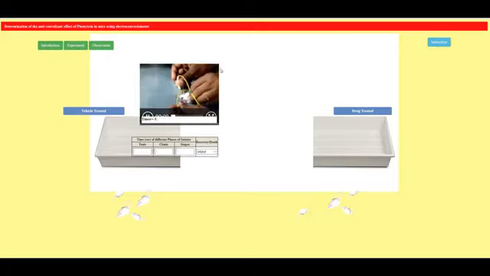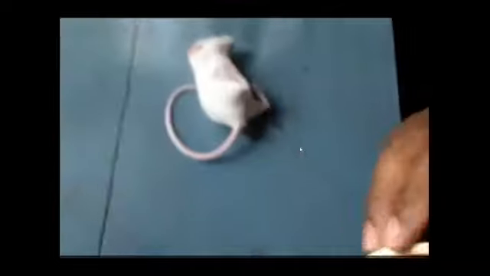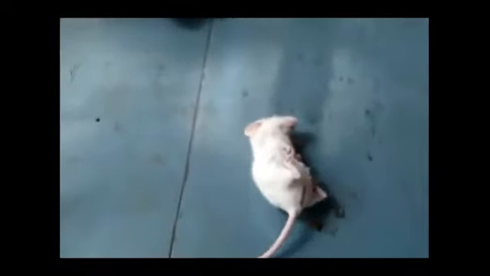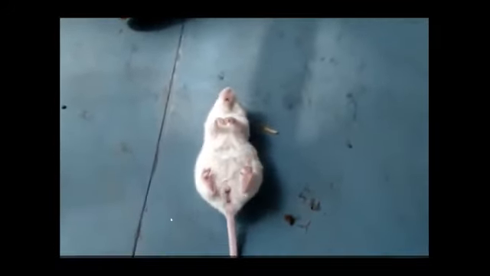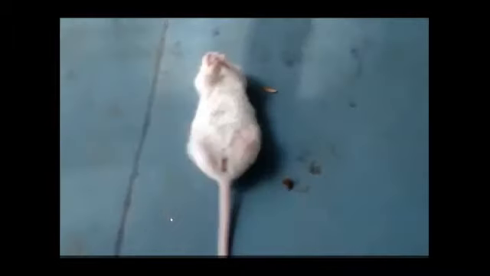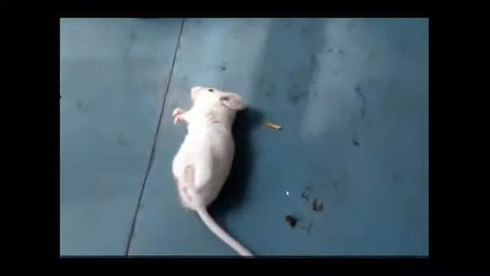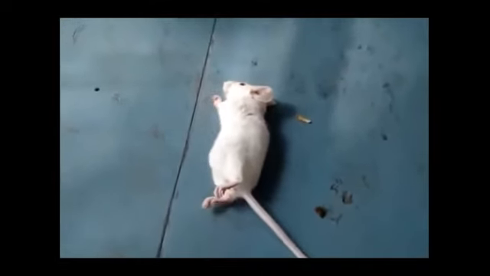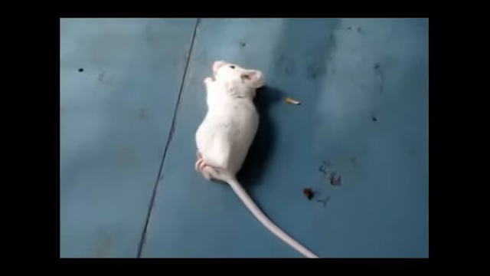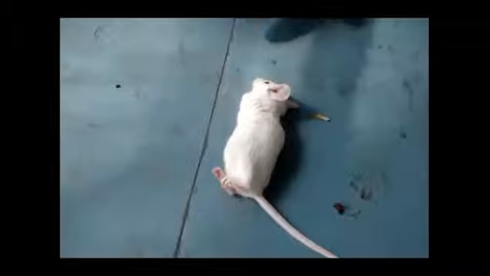Again I am going to select a mouse. You see, in the ear pinna they are being provided with the shock, and just shivering takes place for only 4 seconds here. Then rapid shivering can be observed for 6 seconds.